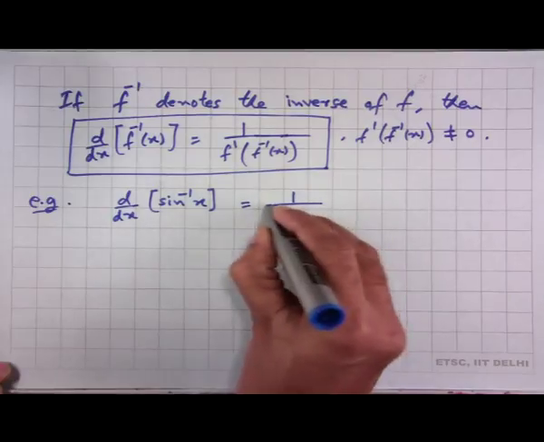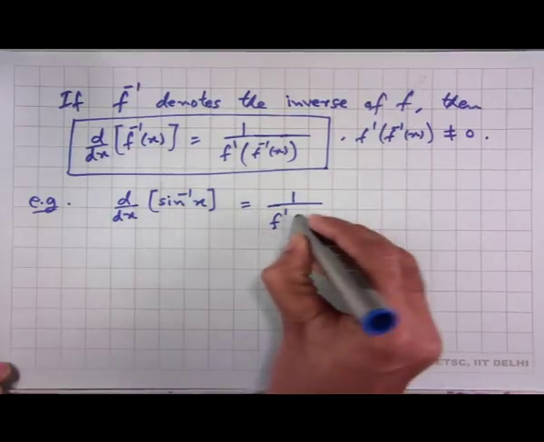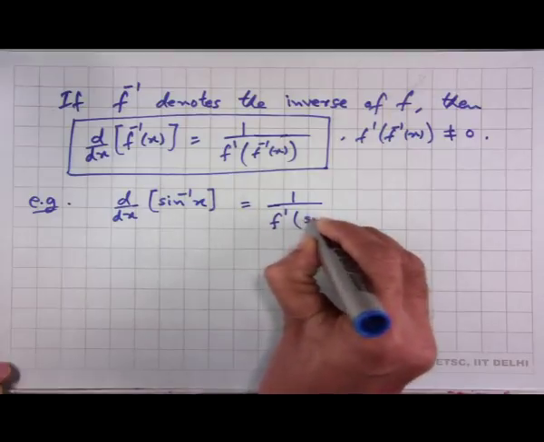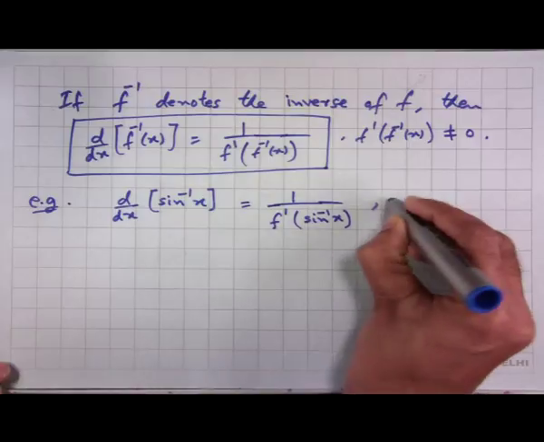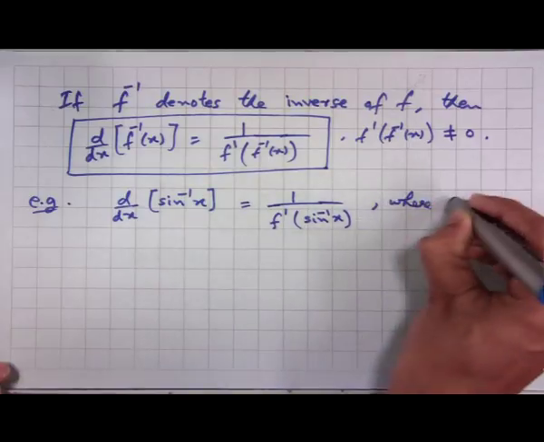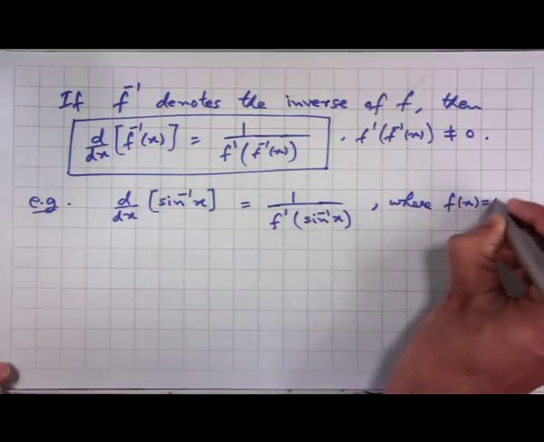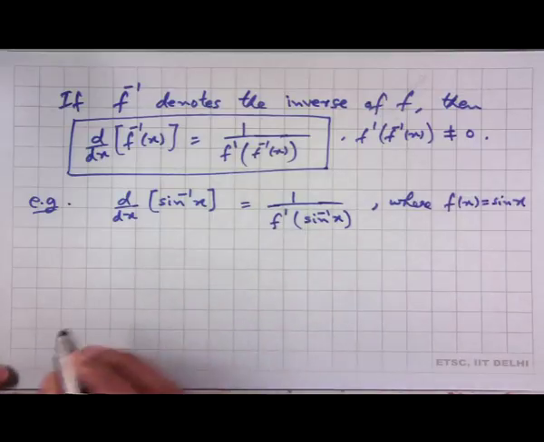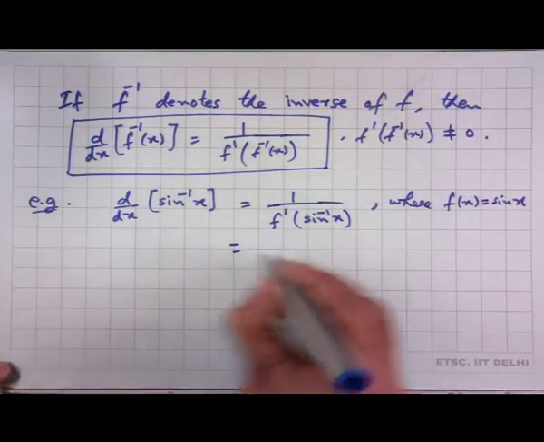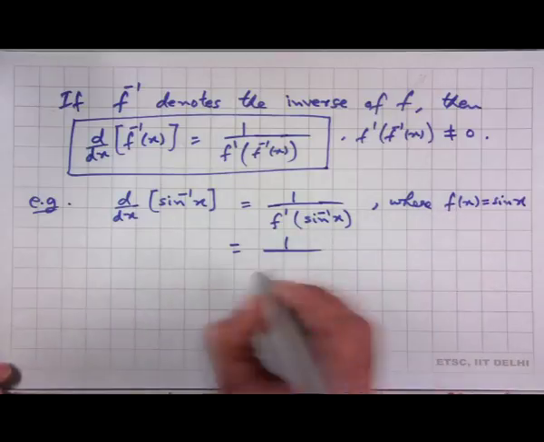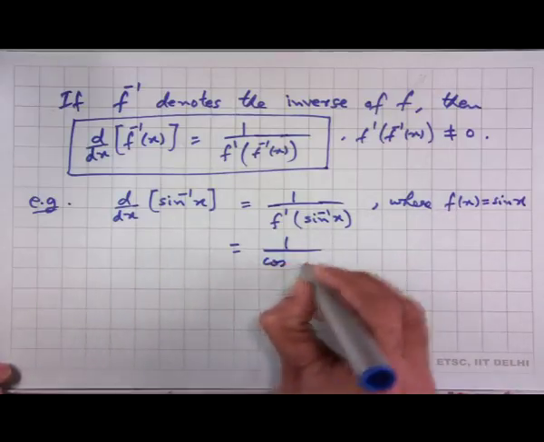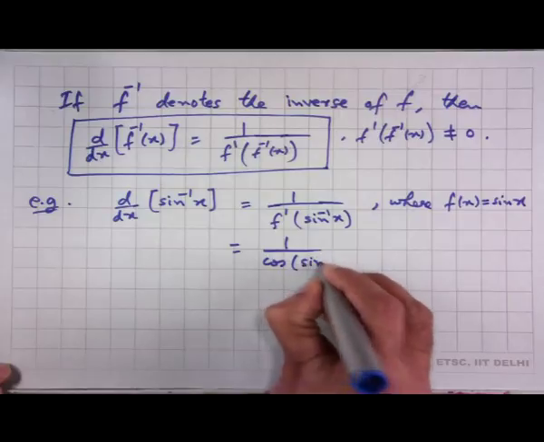So, let me write 1 by f prime of sine inverse x, where f x is equal to sine of x. So, the derivative of sine of x gives cosine. So, this will be cosine of sine inverse x.